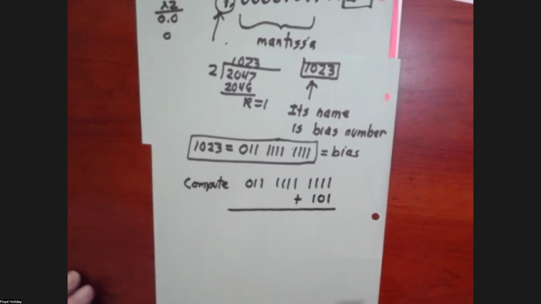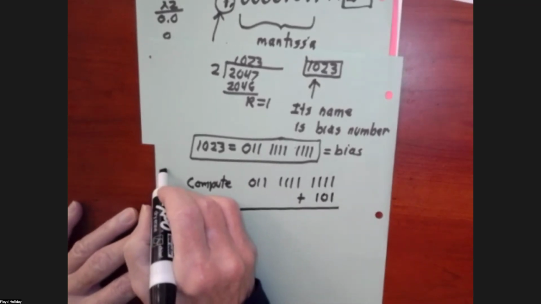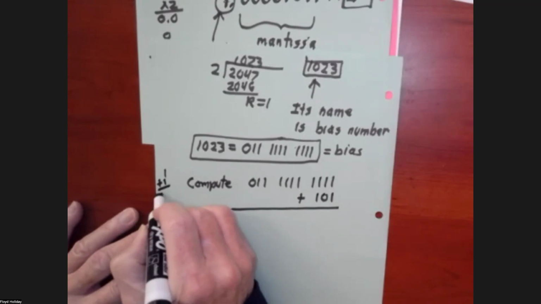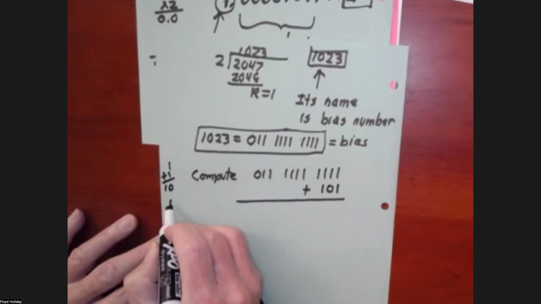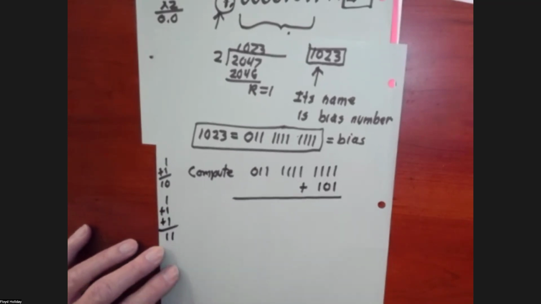Little endian style. Okay, and you remember from yesterday, 1 plus 1 is 10. 1 plus 1 plus 1 is 11.